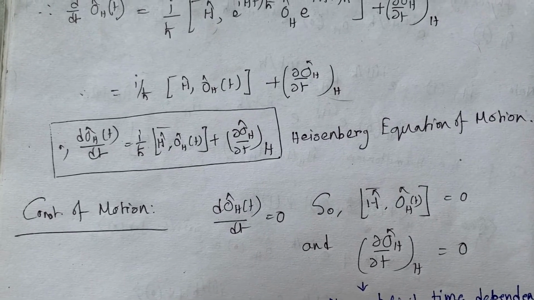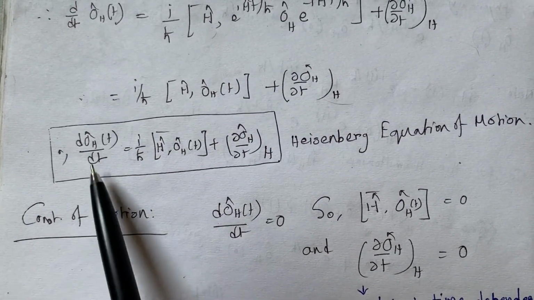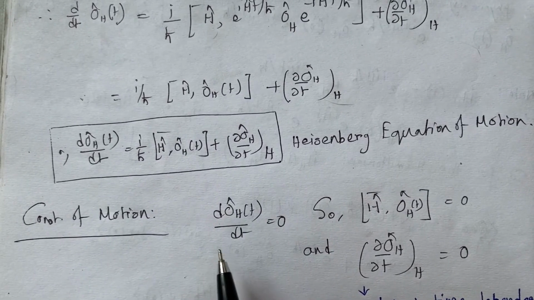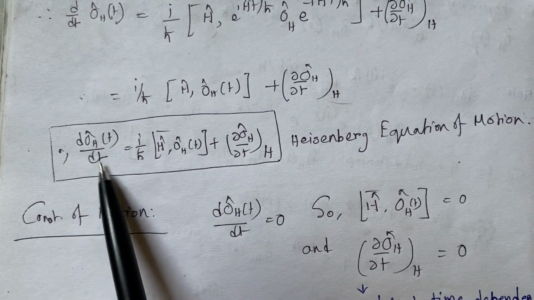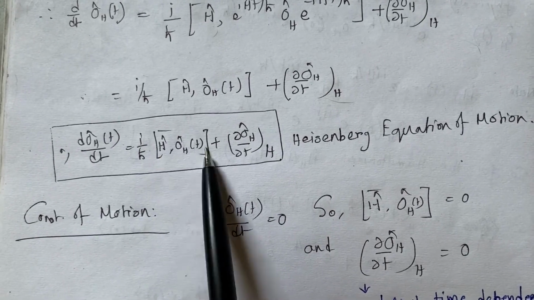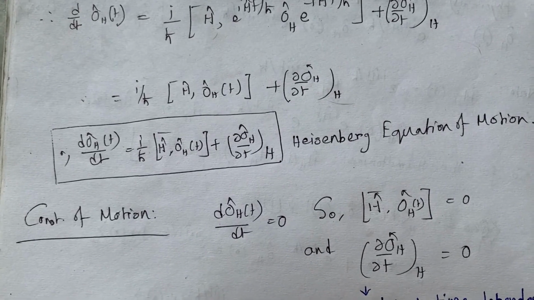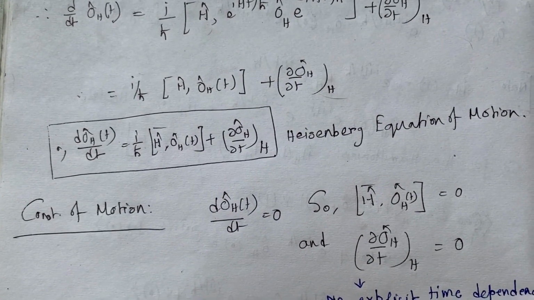But if O_H does not have any explicit time dependence, then the equation modifies as d/dt of O_H equals i by h cross times the commutation relation of H and O_H. That will be the Heisenberg equation of motion.